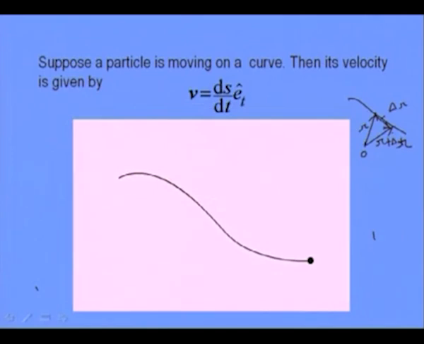Now, both are functions of time. If the particle was moving in a straight line, then et was constant, not a function of time, therefore its derivative would be 0. But in this case, ds by dt is a function of time, and also et is a function of time.